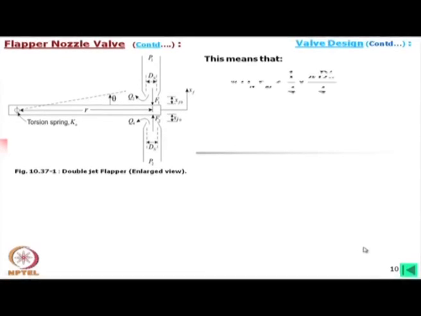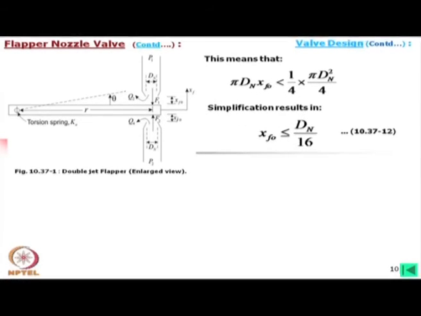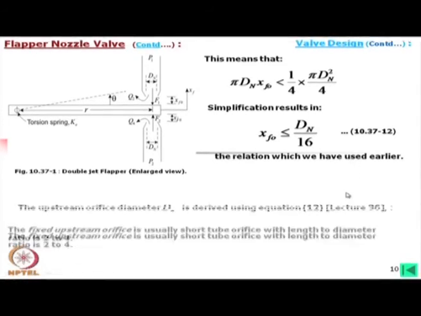Now, this means that pi d n x f 0 is less than 1/4 into pi d n square by 4, and this simplification results in x f 0 less than or equal to d n by 16, which we have already used. Yes, this relation we have already used.